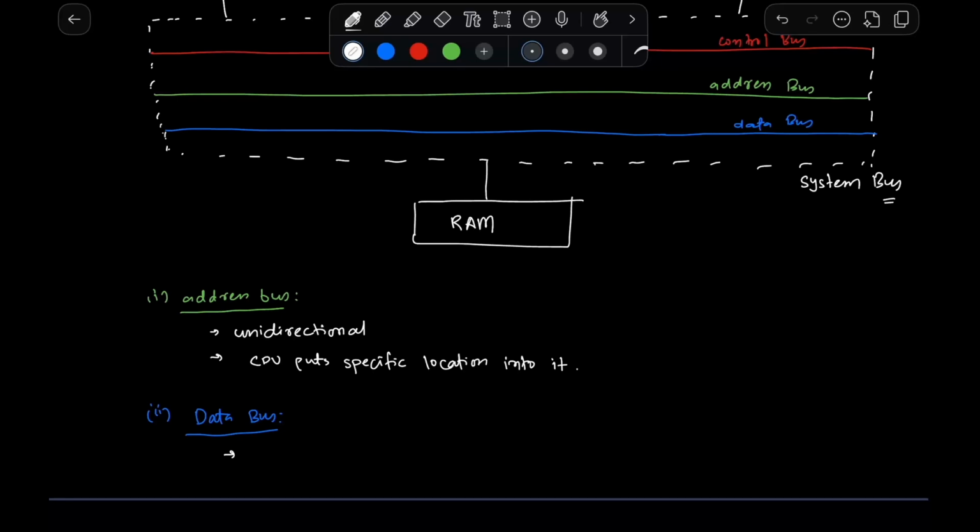So sometimes the CPU says, oh, give me the data, so another component can place the actual data out here. So it's bidirectional in nature, and the actual data is placed out here.